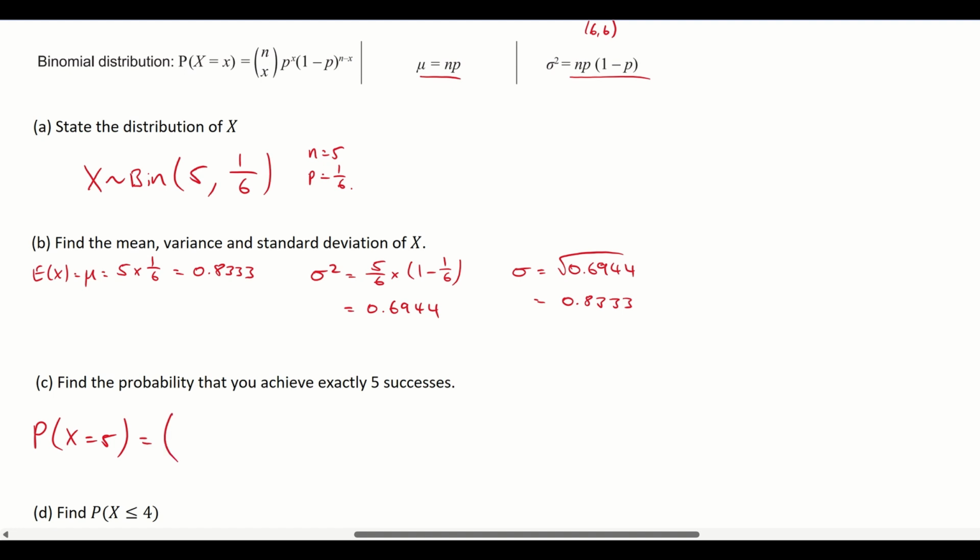We put in our n, so we're looking in this formula now. The number of trials we do, 5 trials. The number of successes we want, also 5. The probability of a success is only a sixth to the power of the number of successes we want, which is our x, our 5, multiplied by 1 minus a sixth to the power of 5 minus 5.